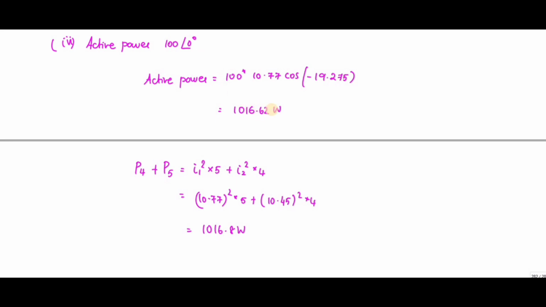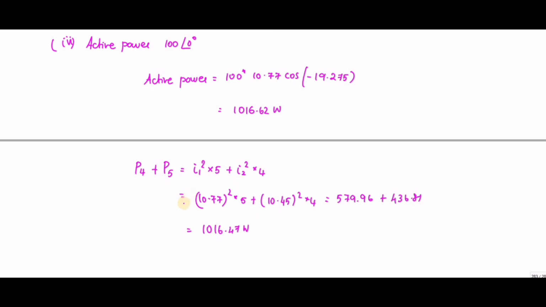And here it is 10.77 square into 5, that's 479.96, plus 10.45 square into 4, that is 436.81. If I add, I get 1016.47. So both the values are the same.